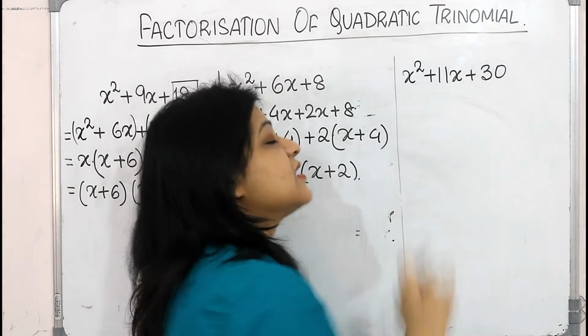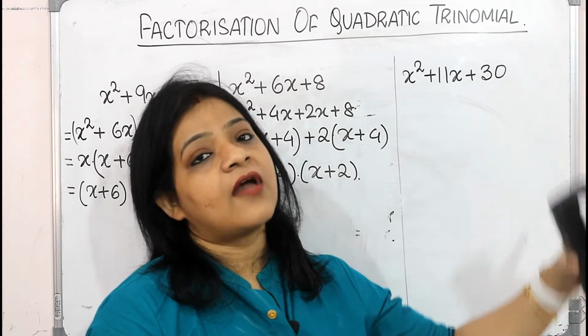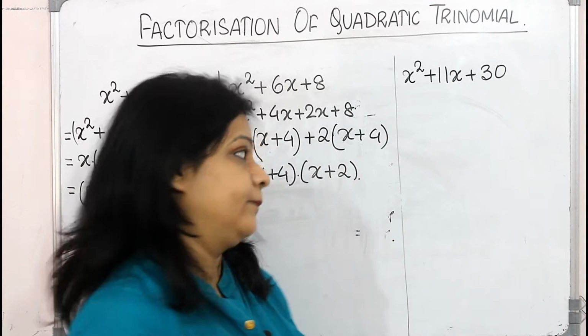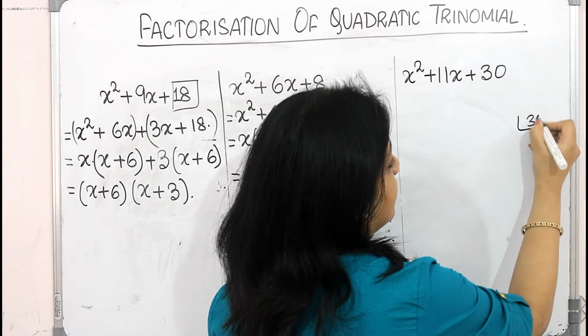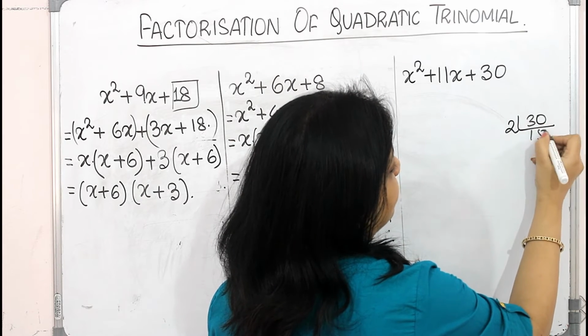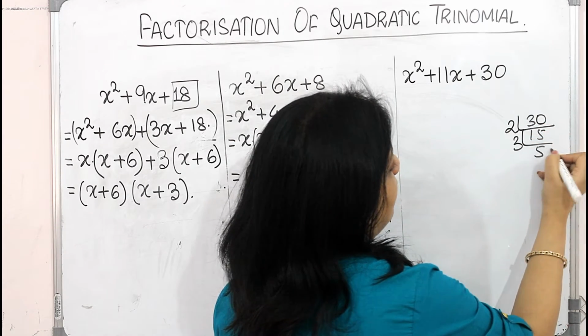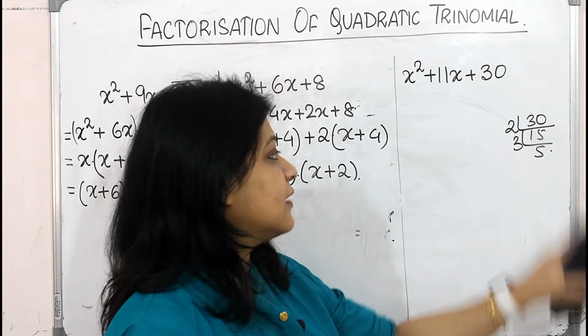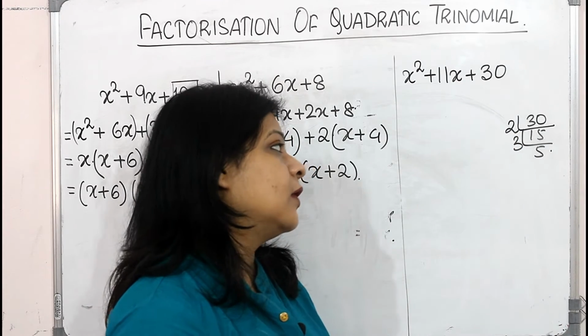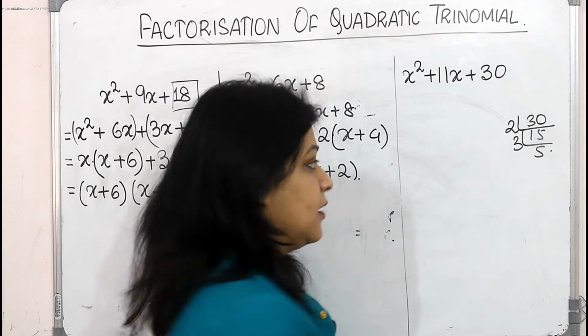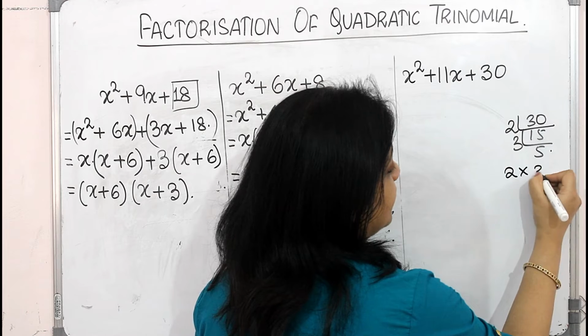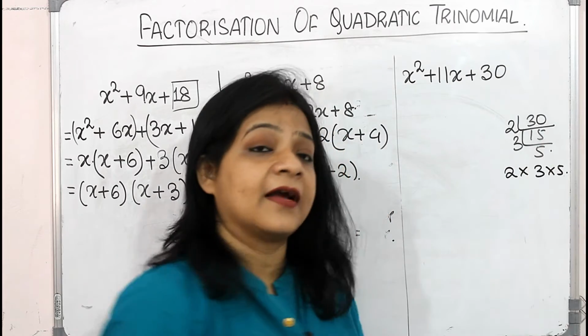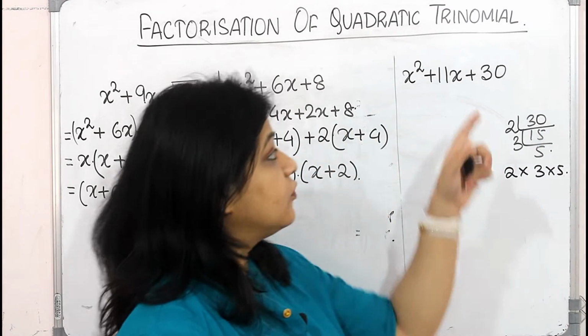Now next is this. So the last term is 30. So let's try to factorize 30. So 30 is 2 into 15, and 3 fives are 15. So 2 into 3 into 5 are the factors of 30. Now look into the middle term.